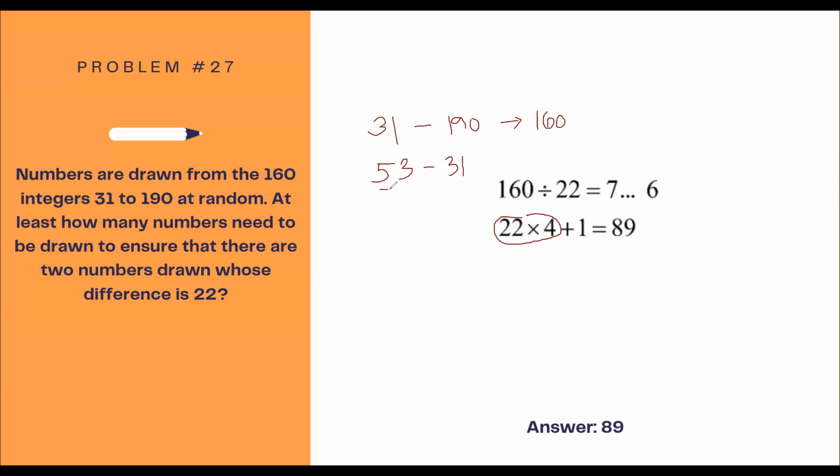Let me continue this one. So we continue 54 and 32, okay? And so on, up until 190. And what will be the number paired to 190 to get a difference of 22? 168, okay?